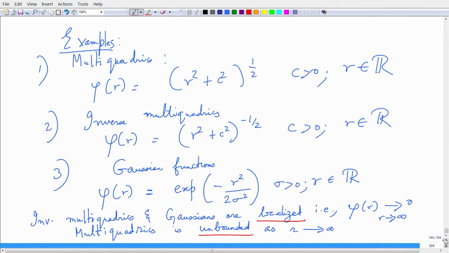So, there are many examples. I will state 2-3 of them here. The first is the multi-quadrics, where phi of r is given by square root of r square plus c square. This is just the length in L2. c is greater than 0 and r is a real number. We have inverse multi-quadrics, which is just the reciprocal of the multi-quadrics, and we also have these Gaussian functions that we are familiar with in this form.